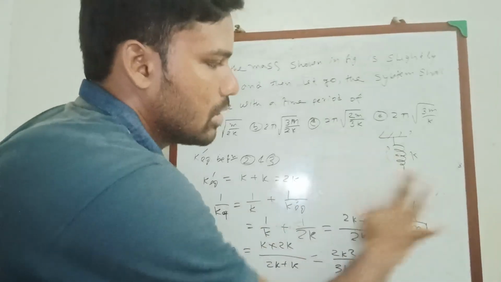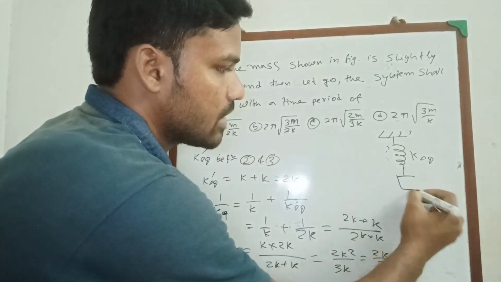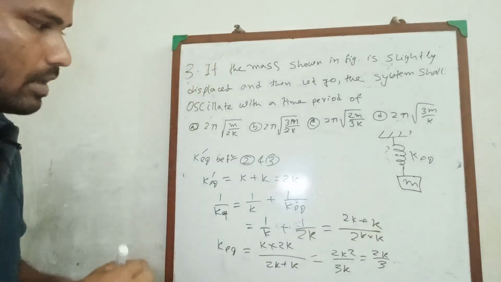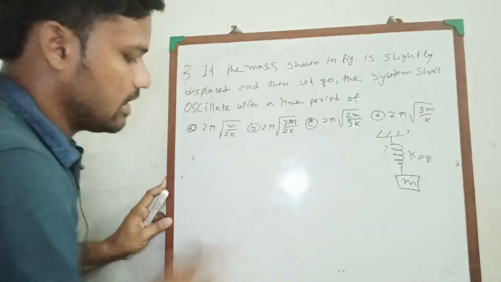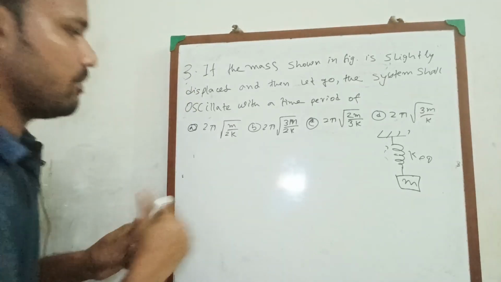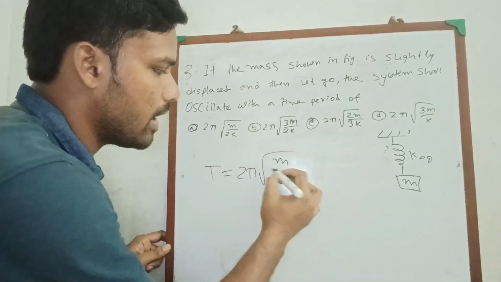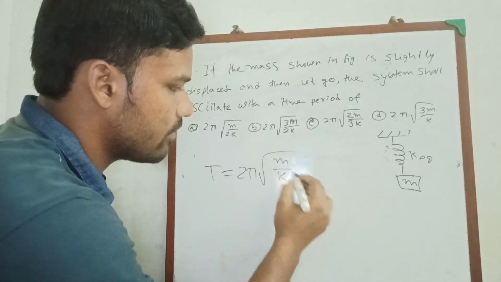That means the system is converted into a single spring. Our calculation part is done; just one part remains, the time period. The time period is 2π√(m/k), where for this system k is k equivalent.